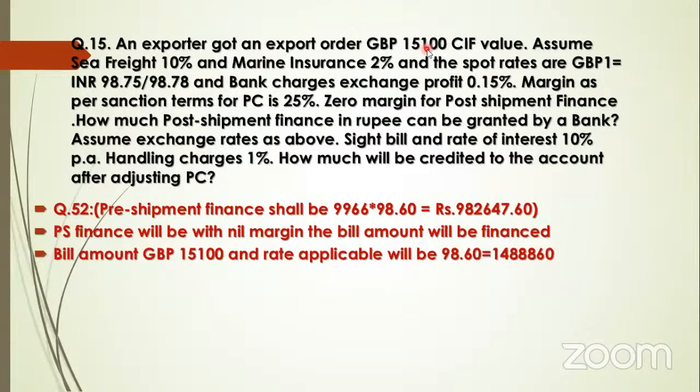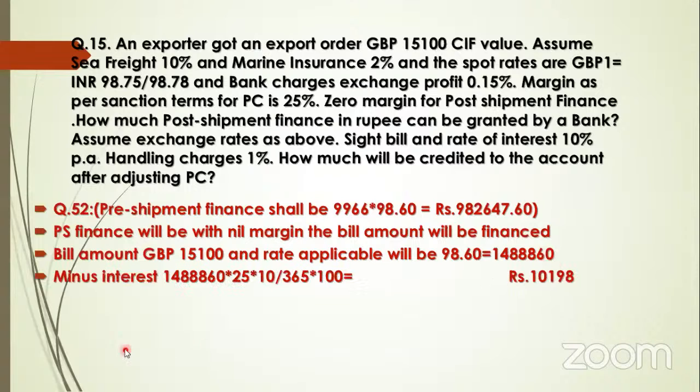Now you understood what margin is. That margin is different, the exchange margin is different. Agreed? Now post-shipment finance will be on the full bill amount. What's the full bill amount? 15,100 pounds. You multiply by 98.60, and you will get 14,88,860. Before you credit this amount immediately, you have to calculate interest.